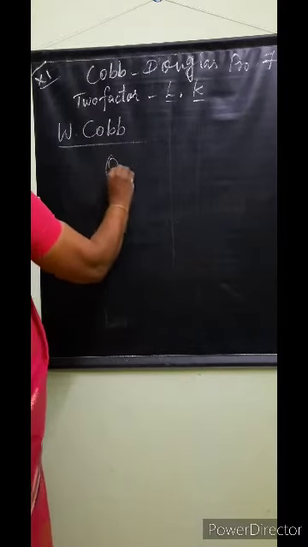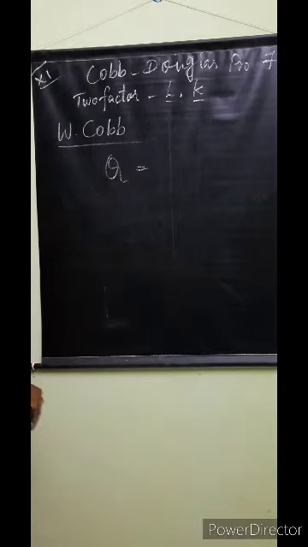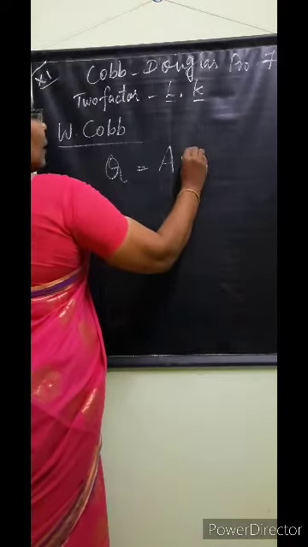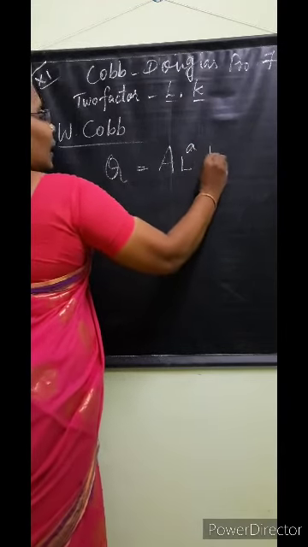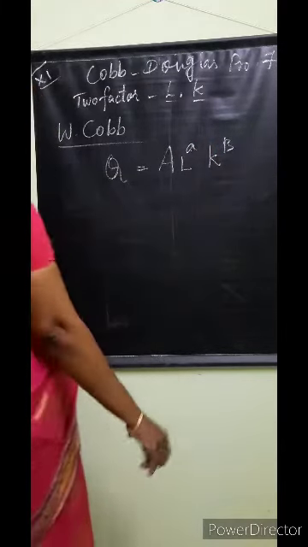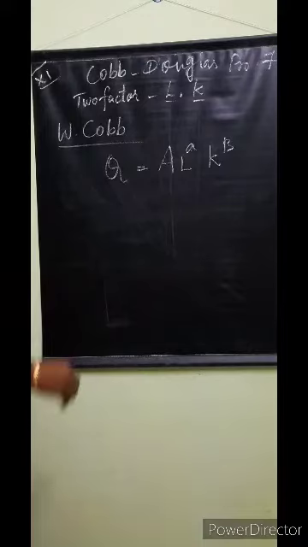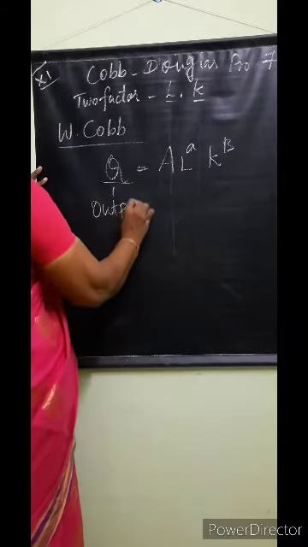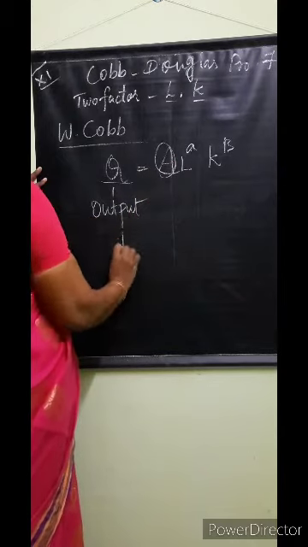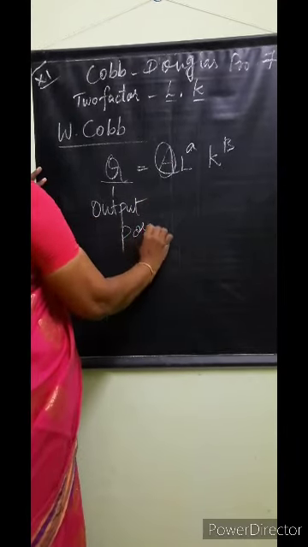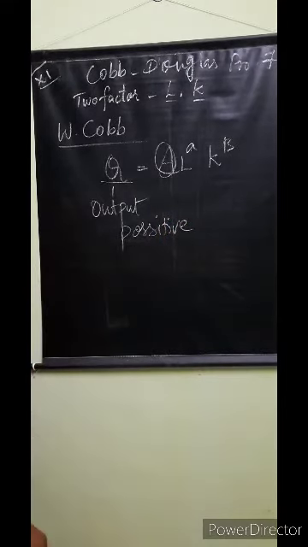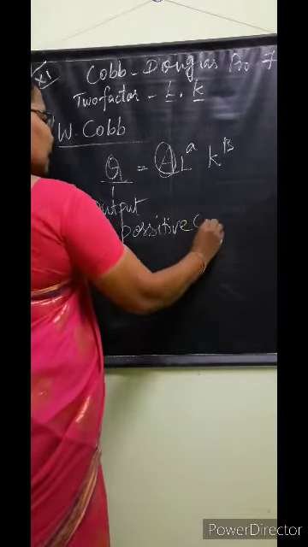The formula is Q equals A L to the alpha K to the beta. It's a famous one, girls. Here Q refers to output. A refers to a positive constant.